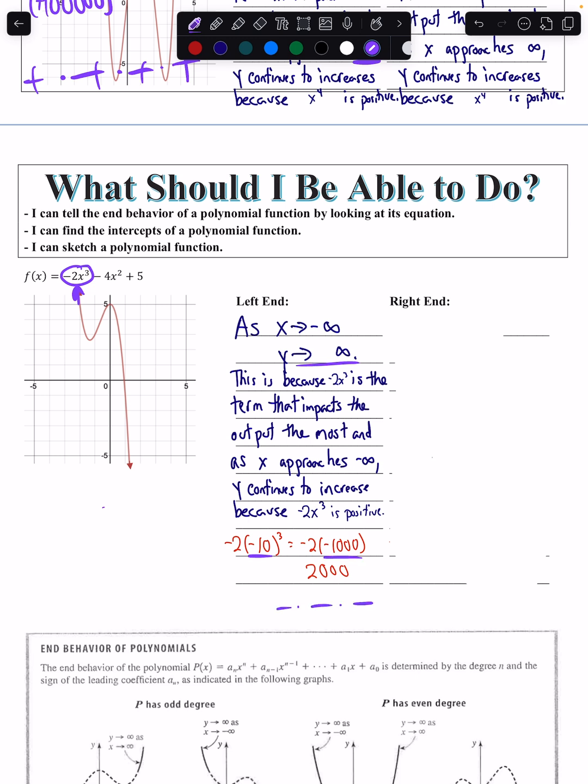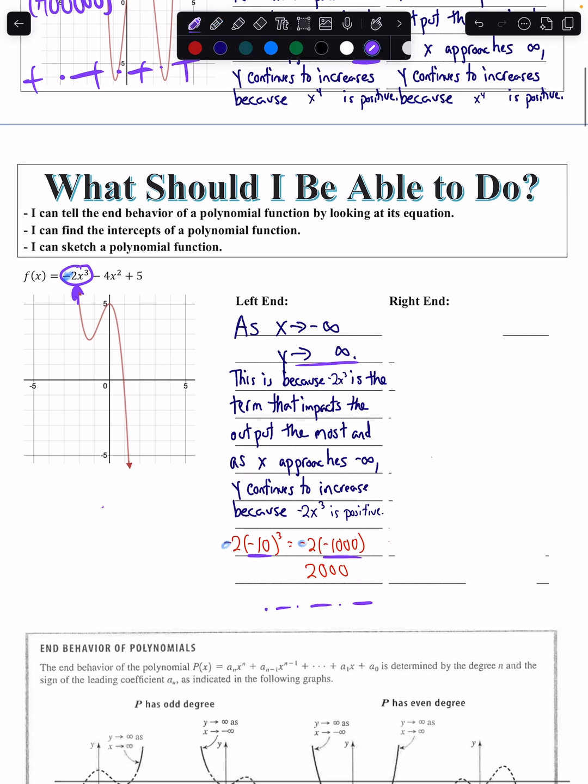But when we have that lead coefficient being negative, we're going to have to multiply by another negative, and that transforms it into a positive. In this case, positive 2,000. So if there's a negative lead coefficient, it kind of swaps everything up.